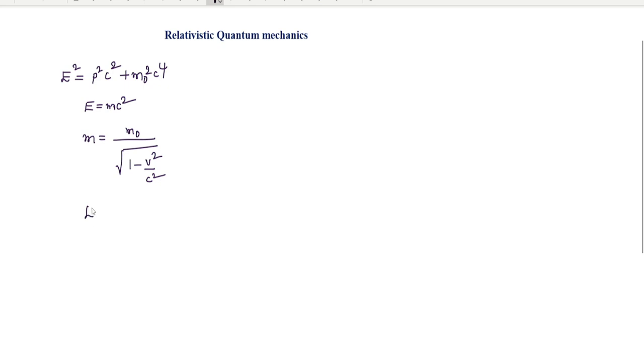The energy term E equals m naught c square divided by root of 1 minus v square divided by c square. So this is equation number 1 and this is equation number 2.